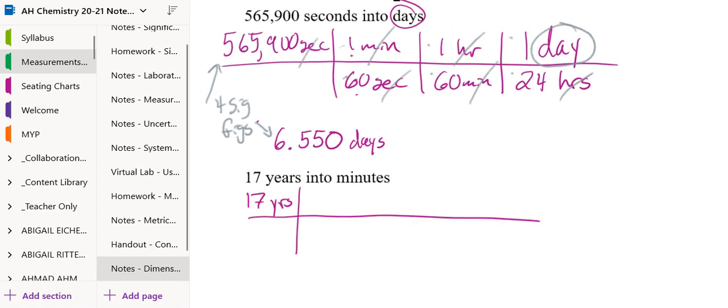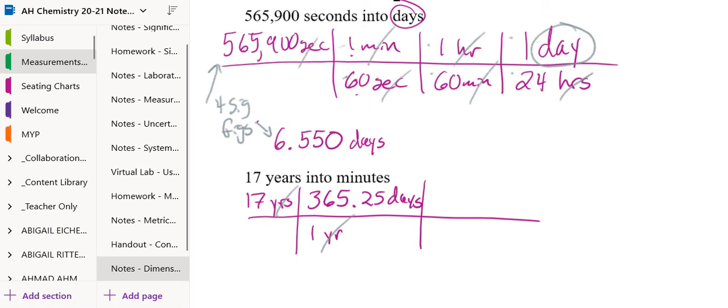So I would do years to days. Now there are different ways to do this. So in 1 year, how many days are there? 365. If you want to get fancy, you could say 365.25, but it's not going to matter in the end. And then, so years cancel out.